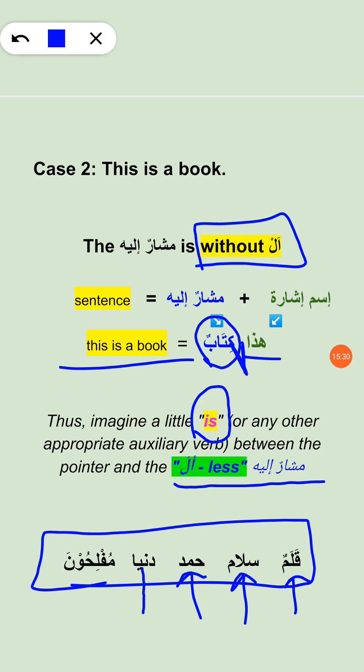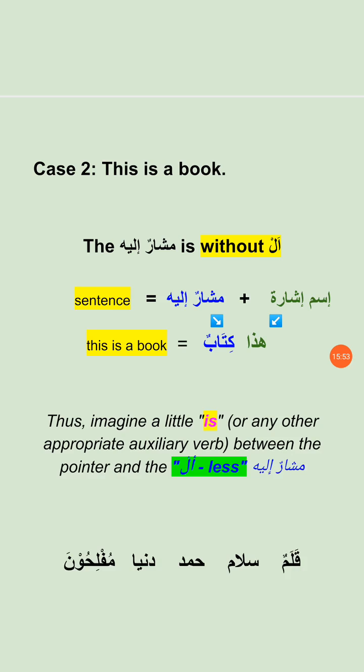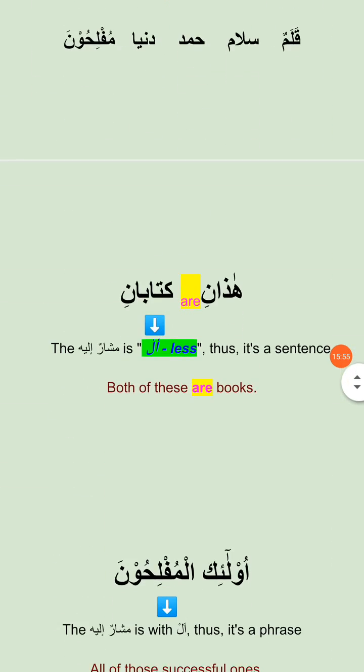Okay, so hazihi, then dunya, because you don't want to give the illusion that it is actually coupled with this alif lam. Okay, so that's why it's hazihi dunya. This is a lowly world. And then ulaika muflihuna, those are successful ones. Okay, so this was our second finer point.